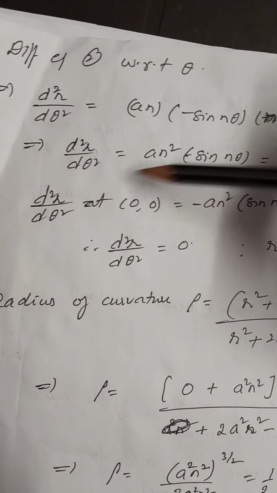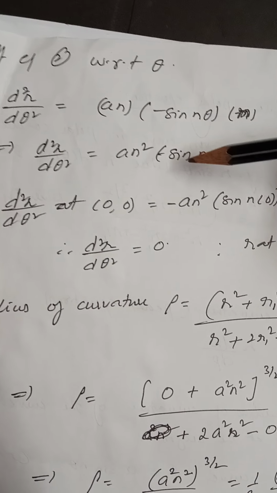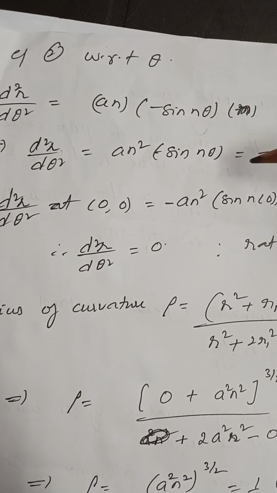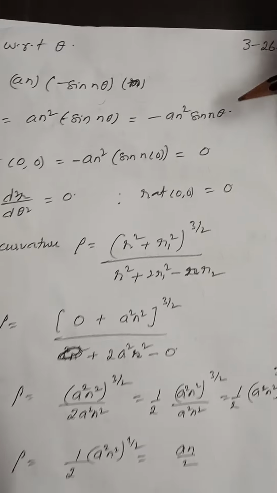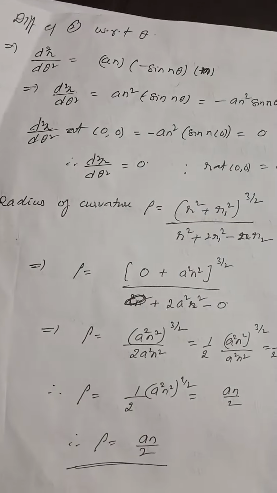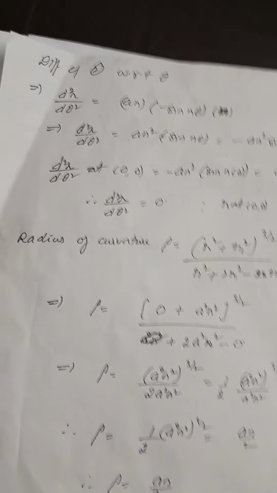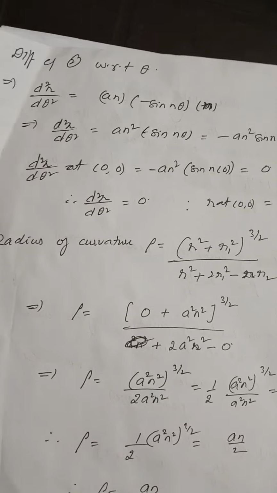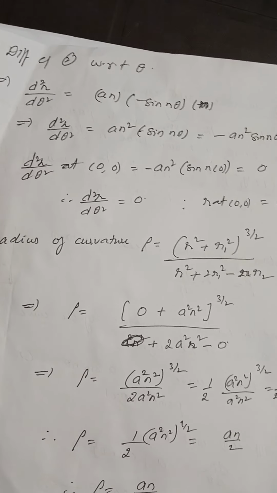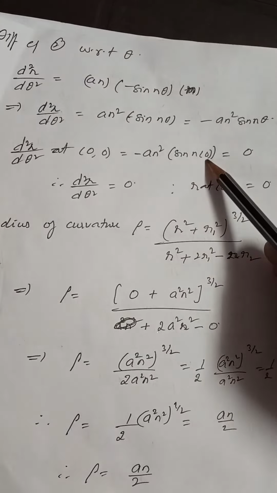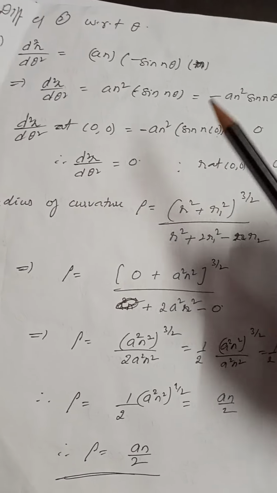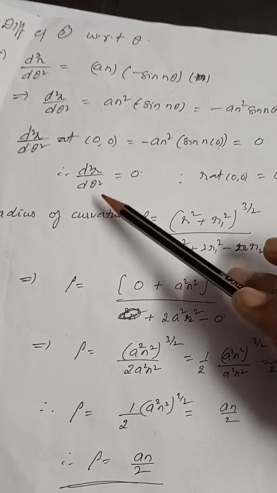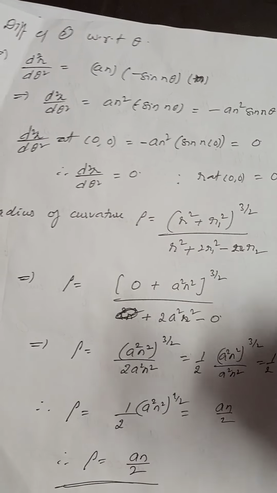Now, d square r by d theta square is equal to minus a n square sin n theta, right? Now we have to find d square r by d theta square at the point 0 comma 0. a n square into sin n of 0 is equal to 0, because sin 0 is equal to 0. Now we know d square r by d theta square is equal to 0.